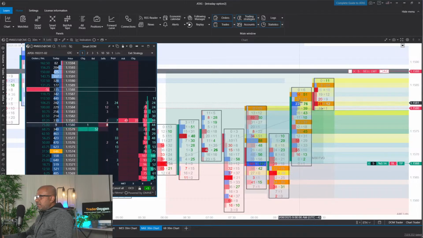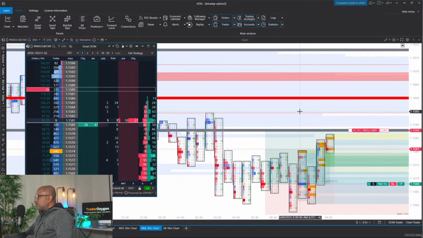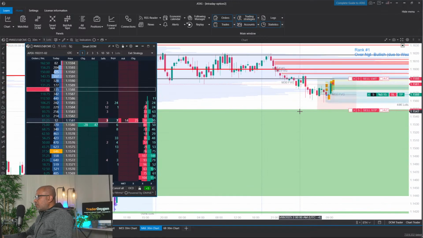Now at this moment aggressive sellers are trying to push the price down. The price went almost up to the take profit, but again the price is pushing down. Now we need to give this buffer for the price to do what it wants to do.